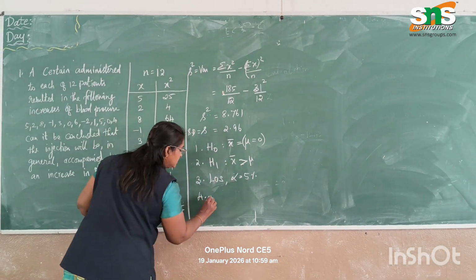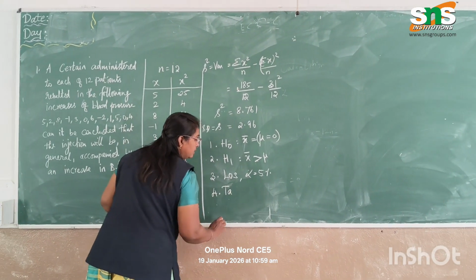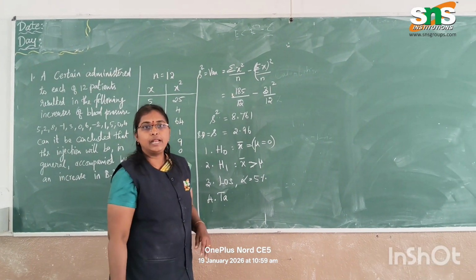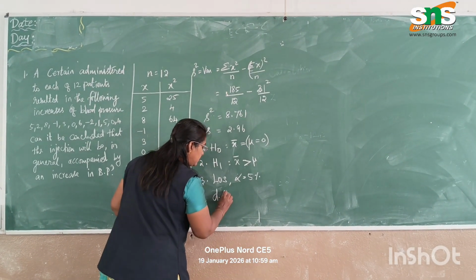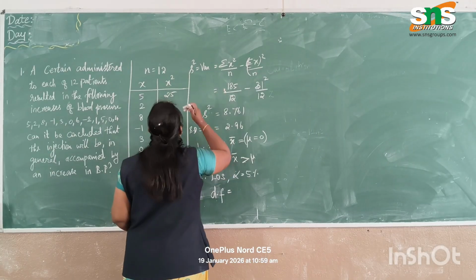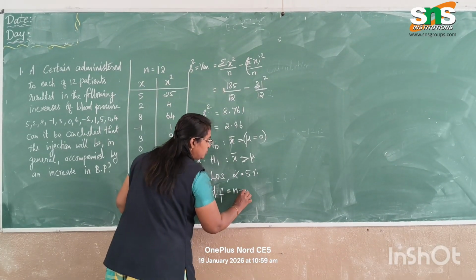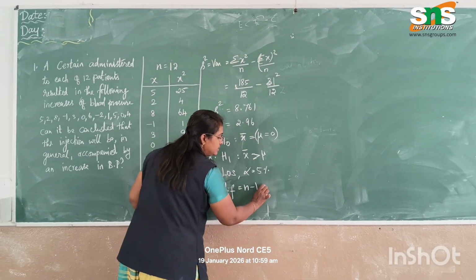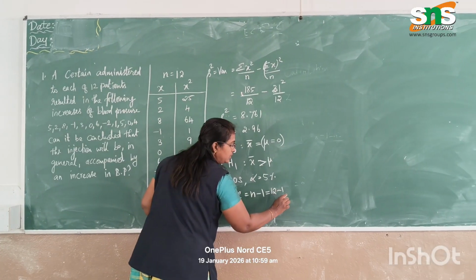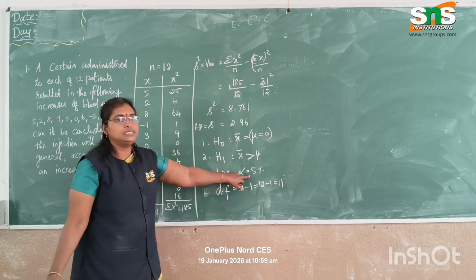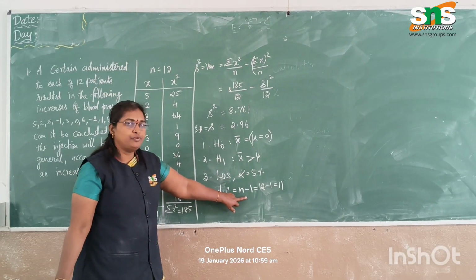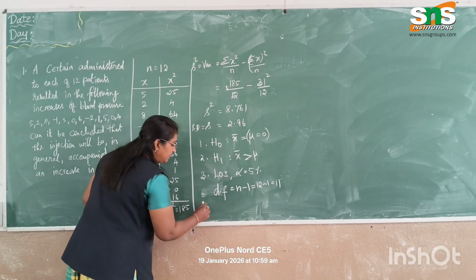The fourth one is the table value. We also need to calculate the degrees of freedom. For this sum, n is given, so the degrees of freedom is n minus 1, that is 12 minus 1, which is equal to 11. Based on the level of significance and degrees of freedom, we can get the table value.